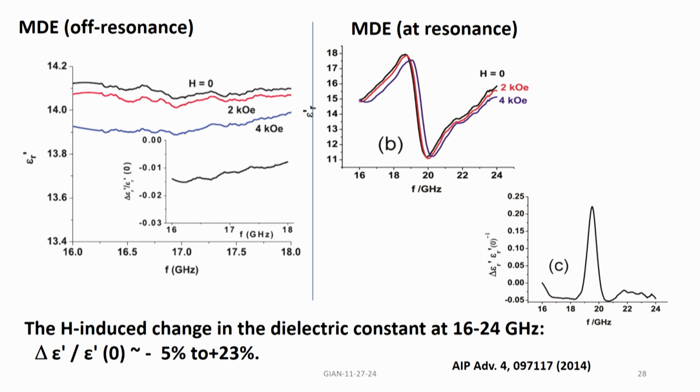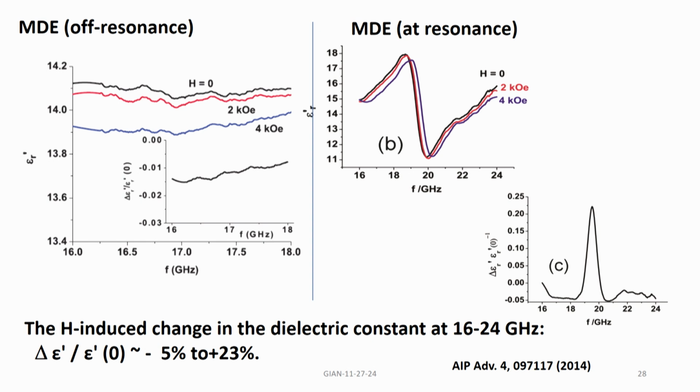You calculate the change in the dielectric constant and then plot the fractional change versus frequency, and this is the fractional change for a field of 4 kilo-oersted, and it is negative because the dielectric constant decreases when you apply a magnetic field. It's about 1 to 2%.